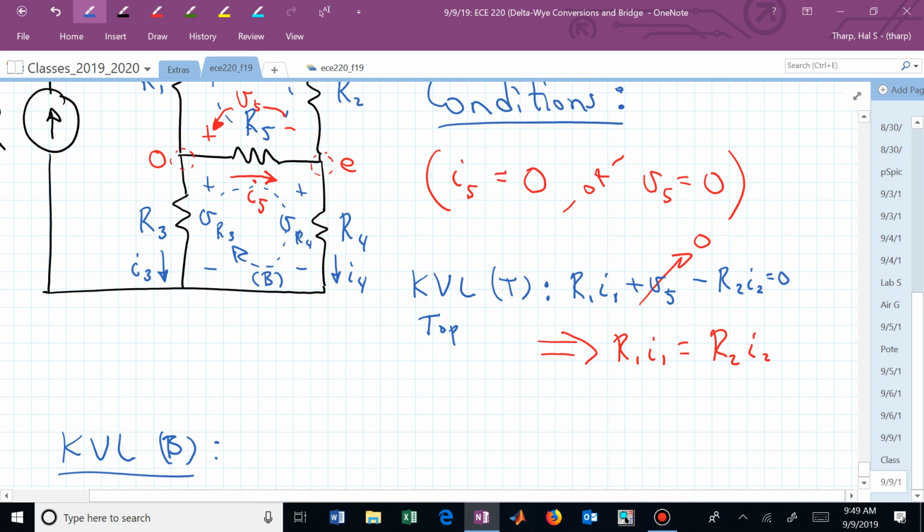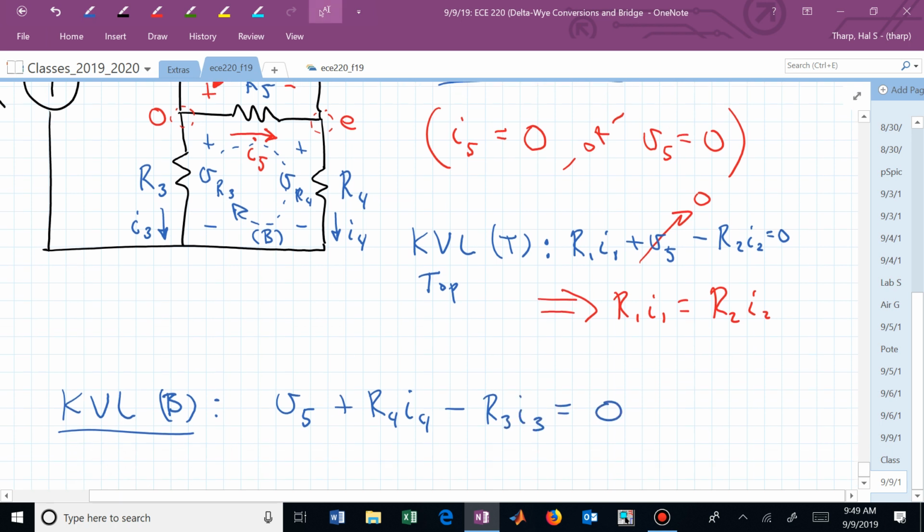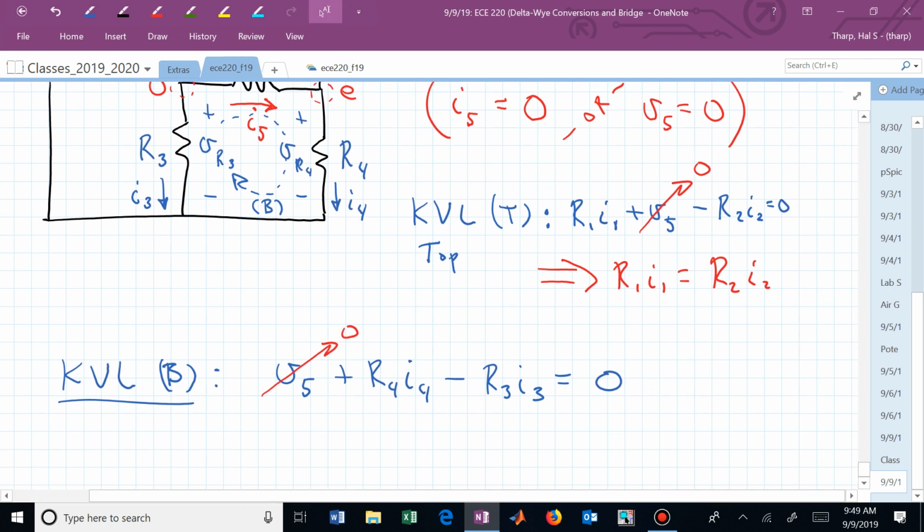The bottom KVL is now V sub 5 plus R4 I4 minus Ohm's law R3 I3, which is 0. And if it's balanced, that's 0, and we're now left with R3 I3 equaling R4 I4. We have these two relationships.